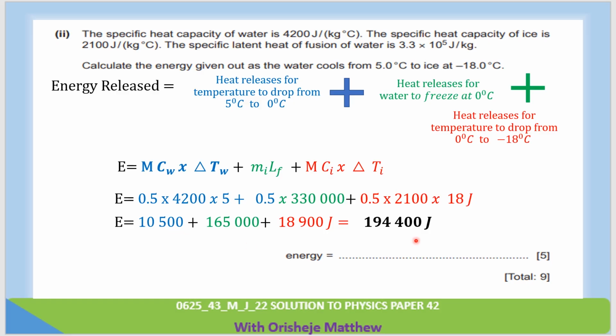So that will give me a total of 194,400 joule. So that is the quantity of heat released. So with that, you put your 9 points in your pocket. Very good. Go through it again. You will understand it. Alright.